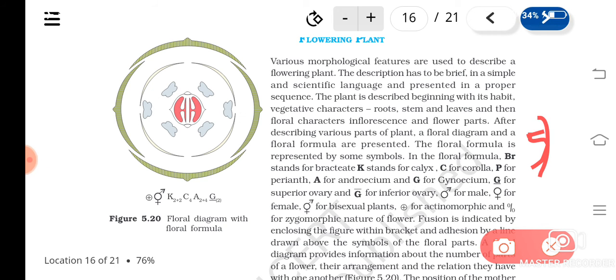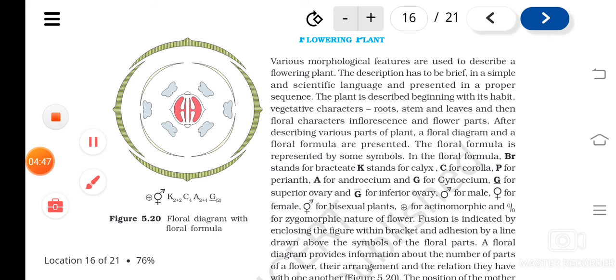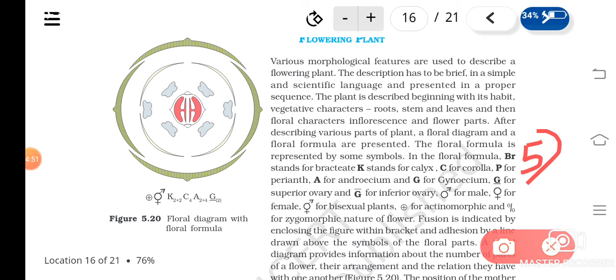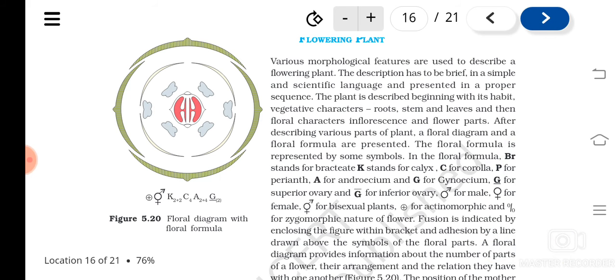If it is joined, we write 5 petals and put a bracket, which means the petals are united. Or if it is 3 petals which are free, we just write 3 without any bracket. So like this, various symbols are used for explaining a plant, its external features, especially the flower characters.